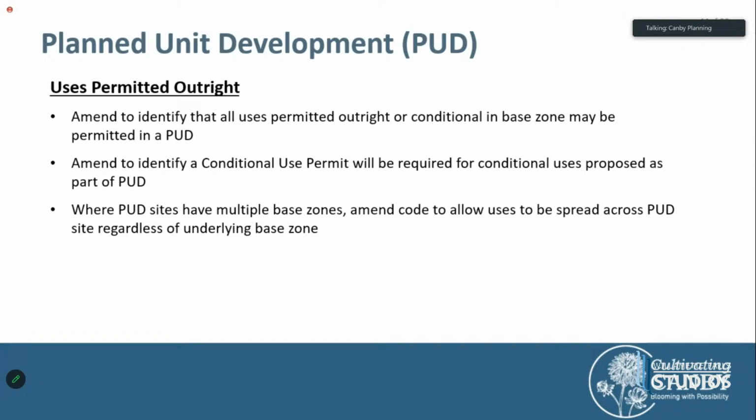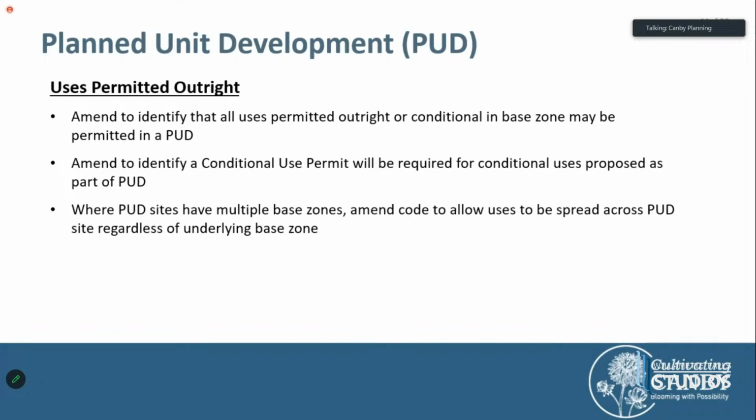The other thing we're proposing here is that if a PUD is proposed across multiple zones, so if you have a 10-acre site and 5 each in R1 and R15, that the code makes it clear that uses that are allowed in both those base zones could be spread across the PUD regardless of where that zoning line sits.